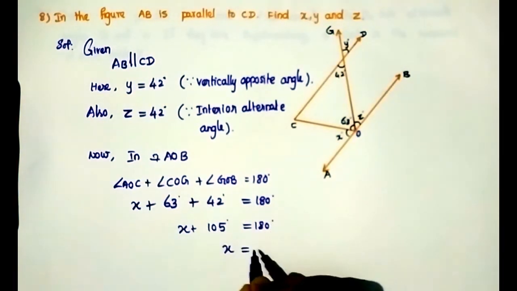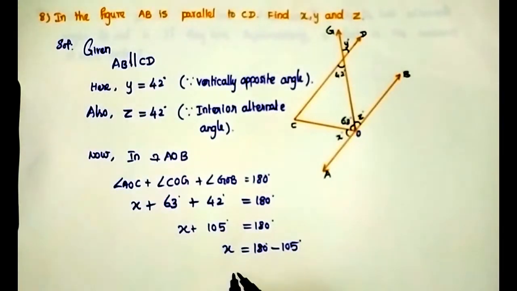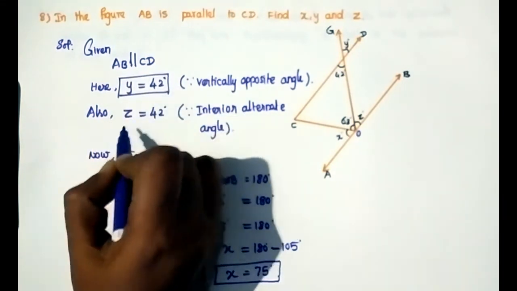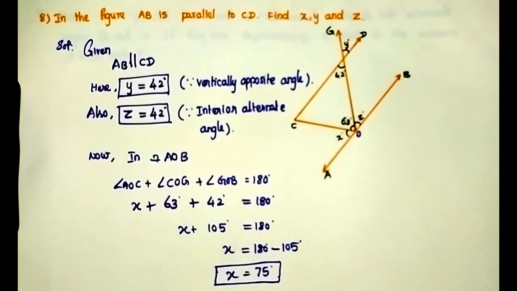So x equal to 180 minus 105, that is 75 degrees. Here y is 42 degrees and z is also 42 degrees. So that is the answer.